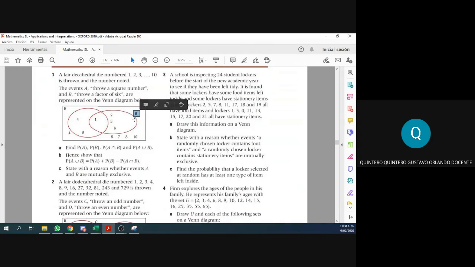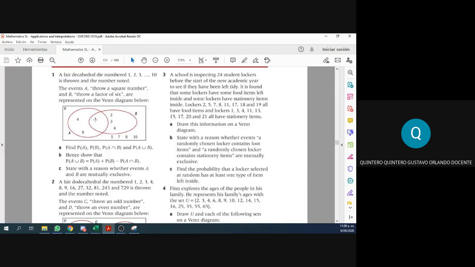Also, in the circle of event B we have the possibilities. Remember, event B is throwing a factor of 6. So 1 is a factor of 6. 2 is a factor of 6. 3 is a factor of 6. 6 is a factor of 6. Those are our possibilities.